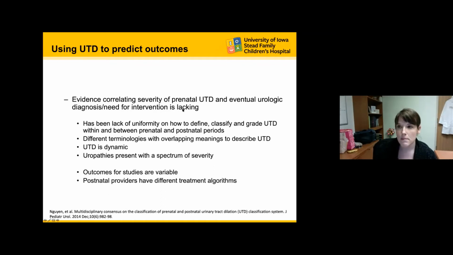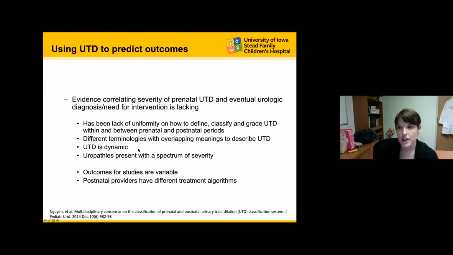The problem with our literature looking at those outcomes has really been a lack of uniformity on how to define prenatal and postnatal hydronephrosis. There has been somewhat of a lack of communication between prenatal providers and postnatal providers, and a lack of standard definition of outcomes.